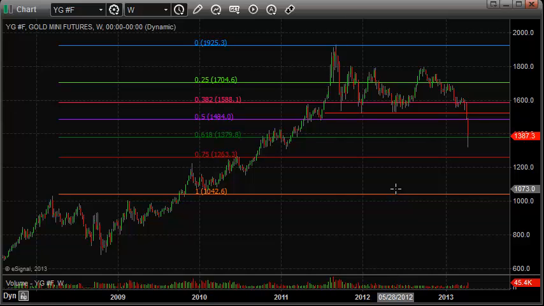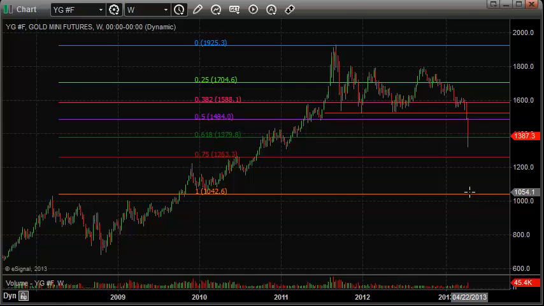This 1380 area is the 62% fib. Next would be this, call it 1265 area, which is actually not that far away from where we traded intraday so far. And then ultimately the last area of support, and this is going to be very, very big support if it ever gets there, is going to be this 1050 area.